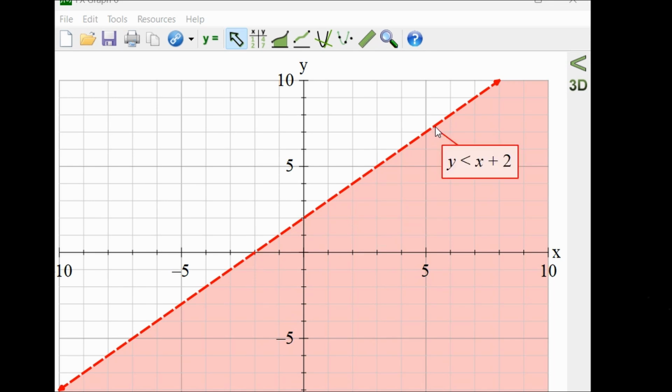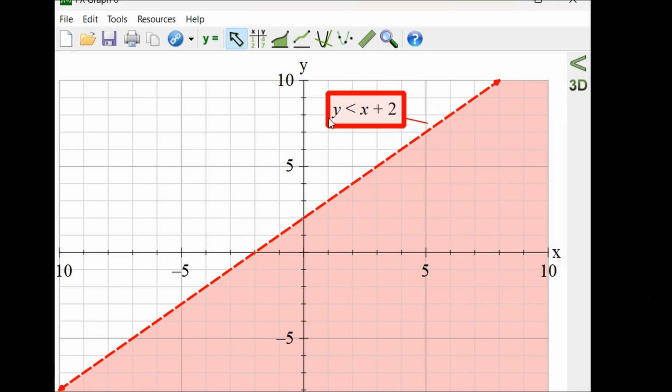See, it's a dotted line. All the values of y that are less than that, so they are below the line, but not including the line. Notice it's dotted because it's less than. So if that is 6, the whole thing will be 8. Y cannot be 8, but it has to be less than 8.